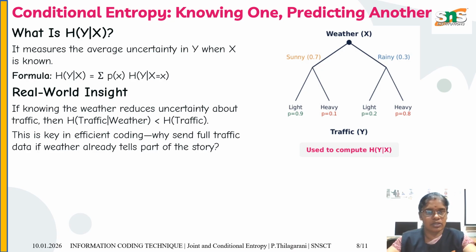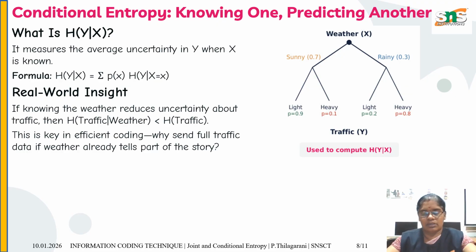This is the conditional entropy formula. The real world insight is that if knowing the weather reduces uncertainty about traffic, then H of traffic given weather is less than H of traffic. This is key in efficient coding. Why send full traffic data if weather already tells part of the story?